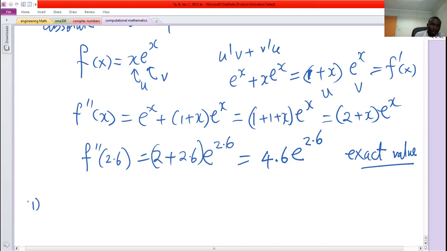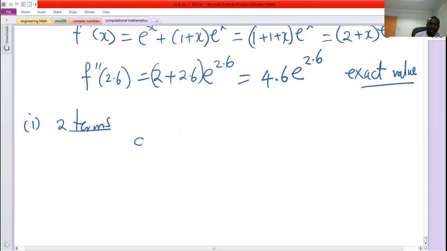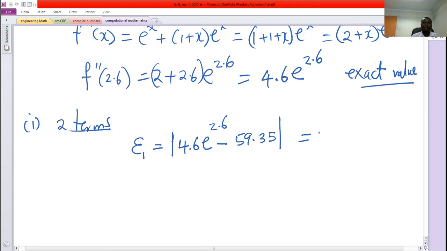So therefore now, when we have two terms, or the first Roman one, then error will be given by the exact value 4.6 e raised power 2.6 minus the approximate value, and the approximate value when our answer was approximated by two terms is 59.35. This difference will give you 2.583194961.